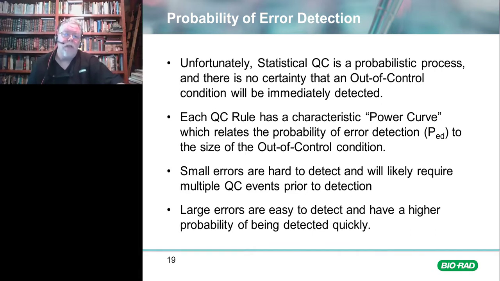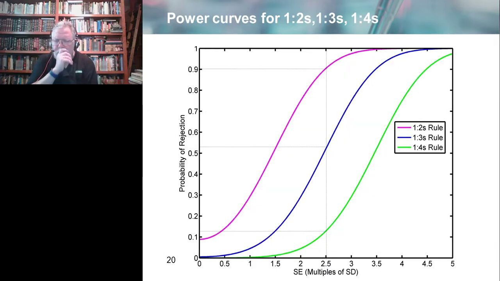So that's the bad news, is that it's very hard to detect a small error with our QC. Of course, the good news around that is that because it's a small error, it's not likely to have a lot of impact on our patient results. Conversely, we have large error conditions. Well, those are easy to detect, but they have a larger impact on the actual quality of the results that we're producing. So given those two scenarios, let's take a look at what the impact is here.